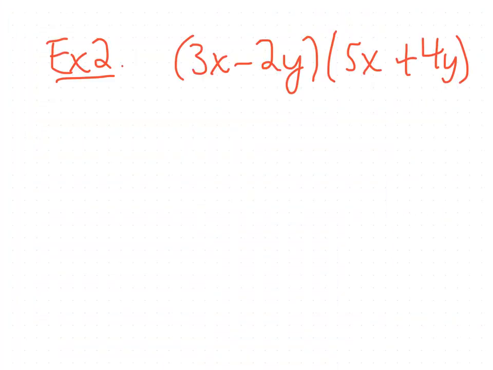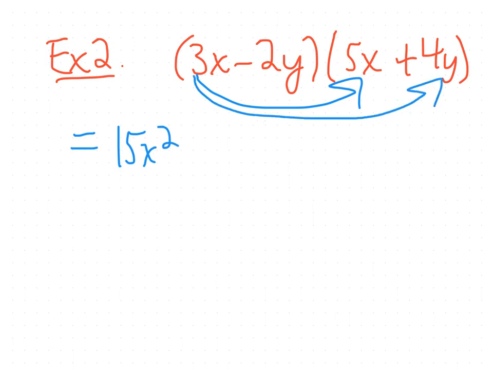Okay, example 2, we have 3x minus 2y in the first bracket and 5x plus 4y in the second bracket. Well, the steps are the same. We need to distribute the first term, and the product becomes 15x squared. Distribute the second term, which becomes 3x times 4y.